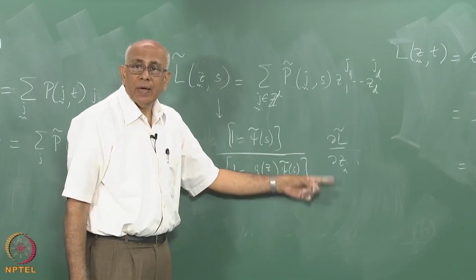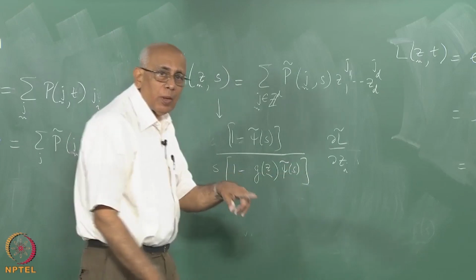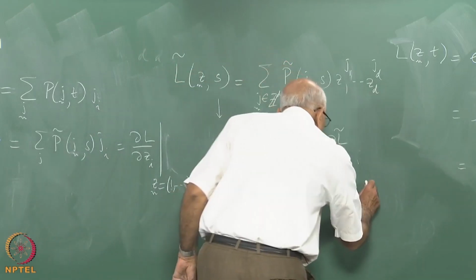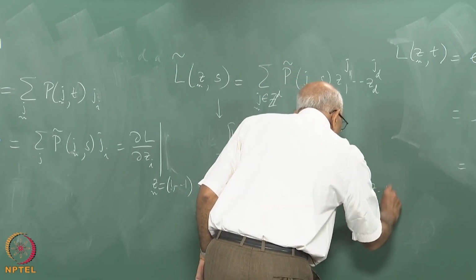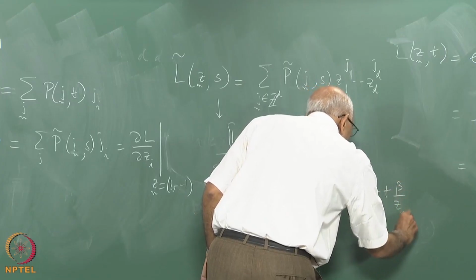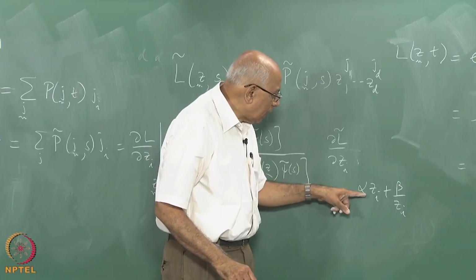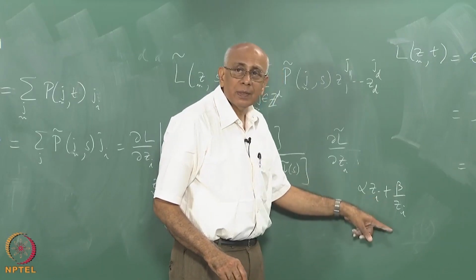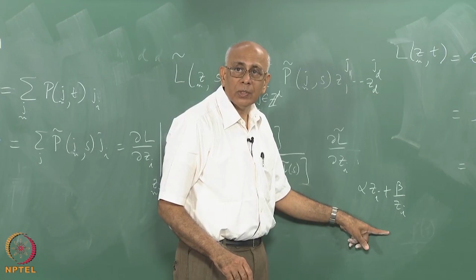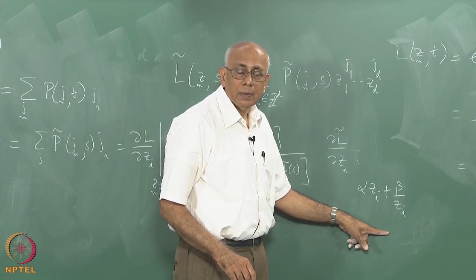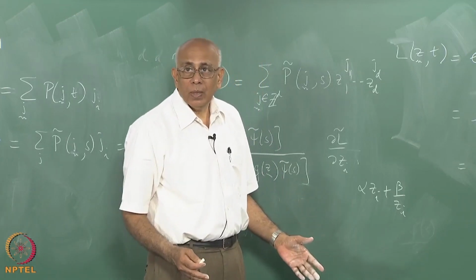But you are going to have this factor here, and remember the corresponding i dependence was in the form alpha z_i plus beta over z_i plus other stuff. When I differentiate this, I get alpha minus beta over z_i squared, and I put all z_i equal to 1.